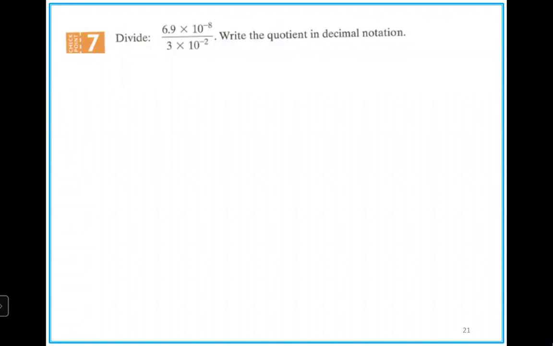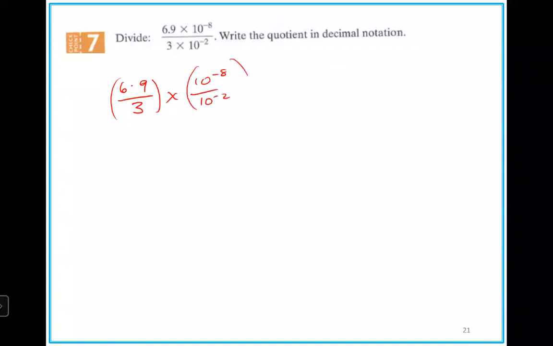Okay, Ms. Nguyen, tell us what you have so far. Okay, so I did 6.9 over 3 multiplied by 10 to the negative 8 over 10 to the negative 2.